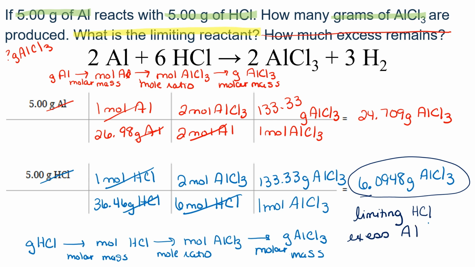And my amount of aluminum chloride I actually get is 6.10 grams of aluminum chloride. So that's my answer to the correct significant figures. And I now have to put that chemical formula on the end so that I know that you know what you're talking about.